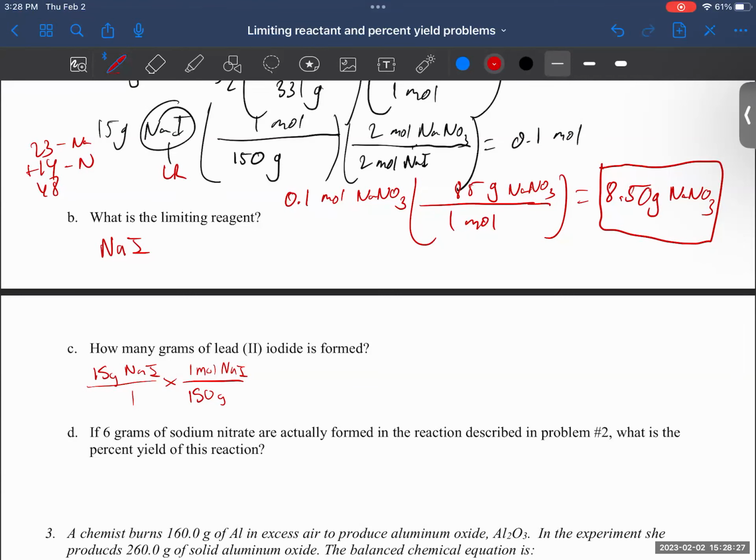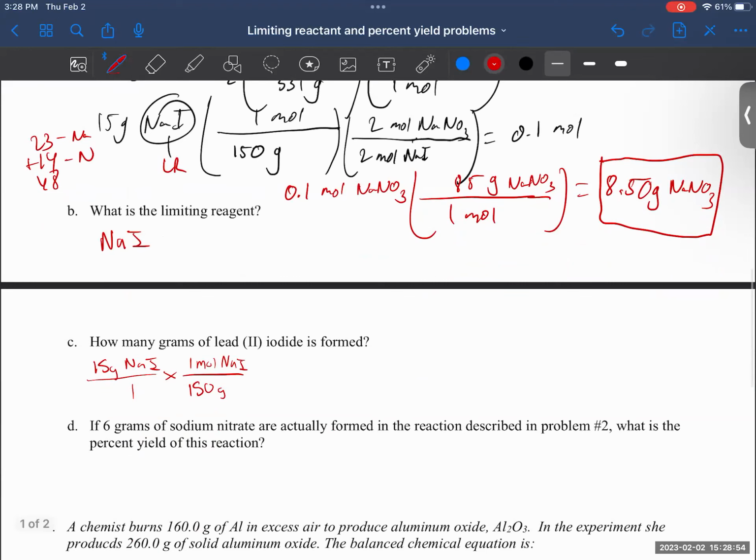Anyone? What about people in class? Why do we want moles? Because we want to go to moles of another compound, or I guess in this case, we want to go to moles of a product.